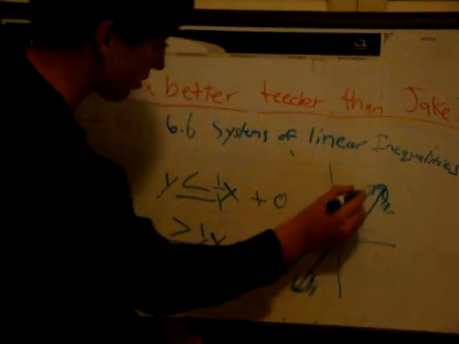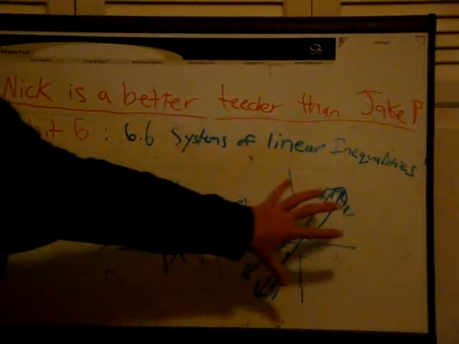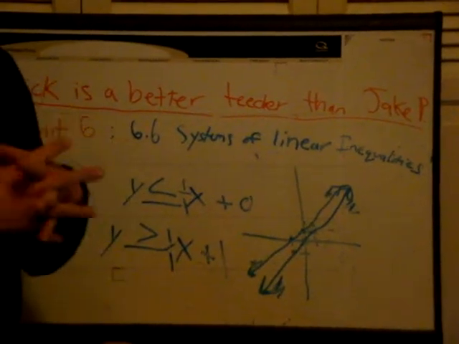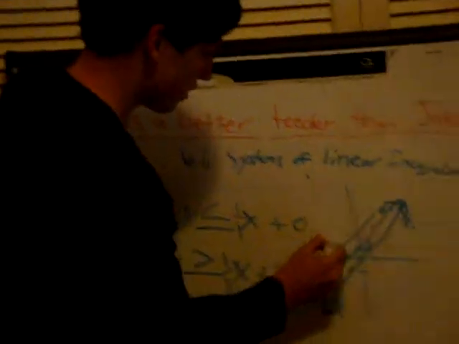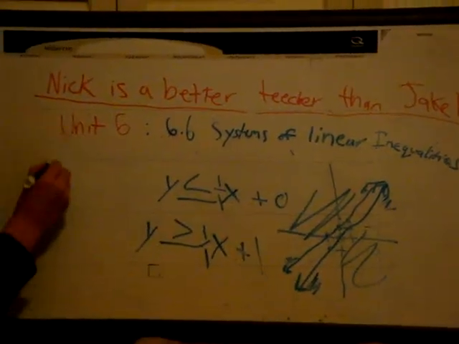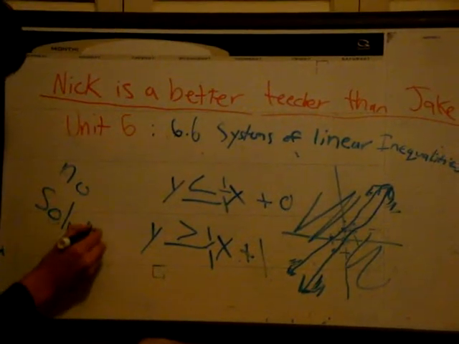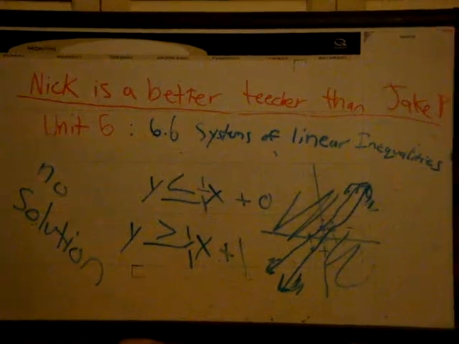Because it's greater than. But because the shadings don't meet anywhere, like they're not joined anywhere, you would shade this way and this way, that is no solution, because the shadings never meet.